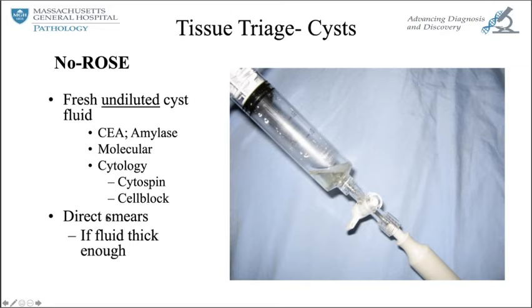And as I said, you can make direct smears of a solid component, or you can make direct smears if the fluid is so thick that it is unable to come into a syringe like this. And at that point, you already know you're dealing with a mucinous cyst. So question number one has already been answered.